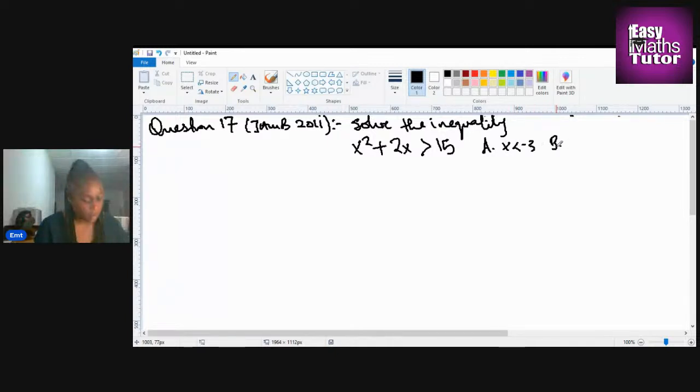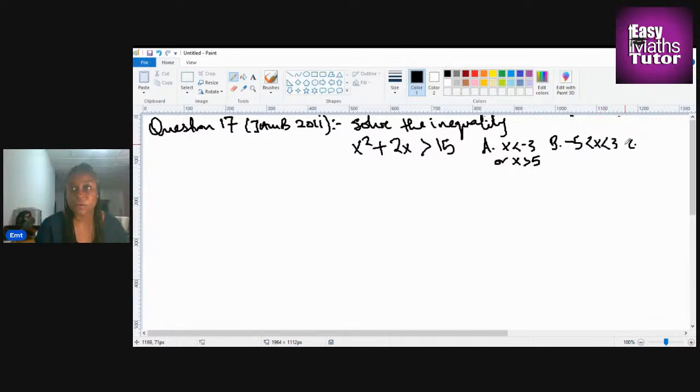or x is greater than 5. Option B is minus 5 is less than x less than 3.